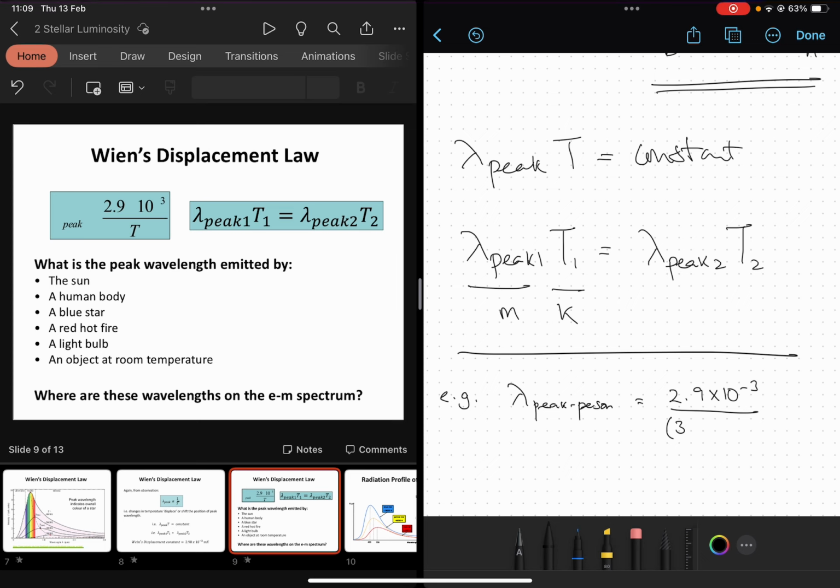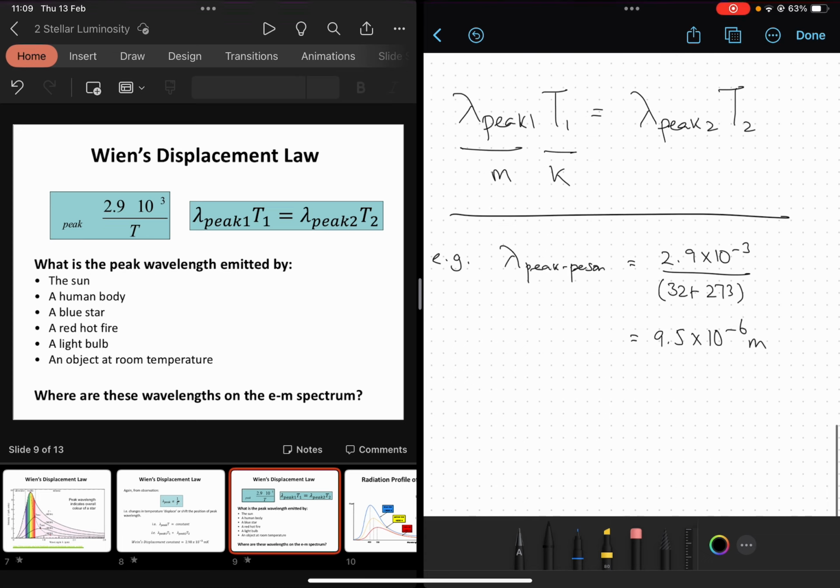Average temperature of the surface of a person is a little under 37 degrees. So we'll go with about 32 degrees. And when we calculate that, we get a peak wavelength of 9.5 times 10 to the minus 6 meters.